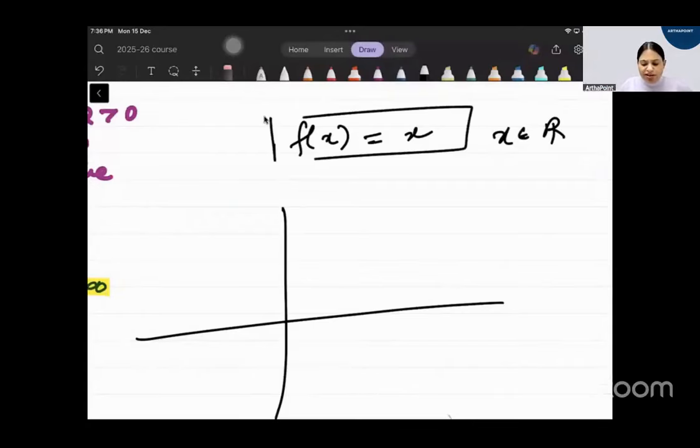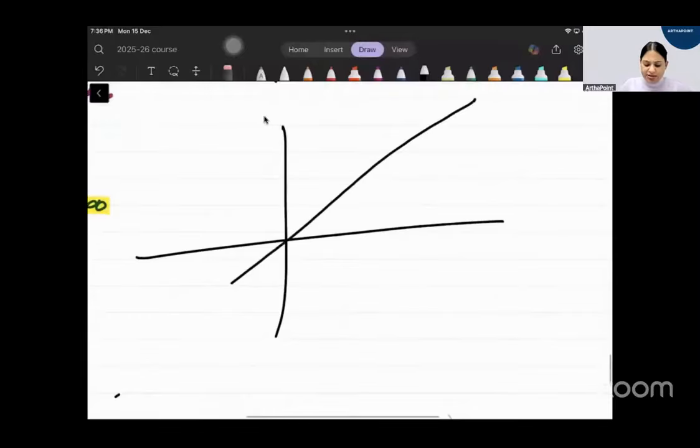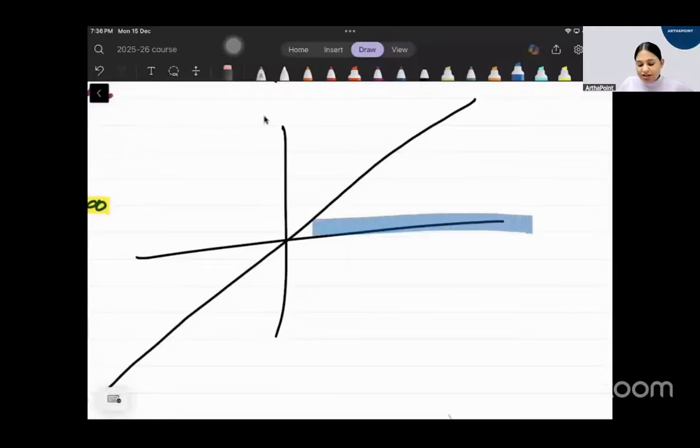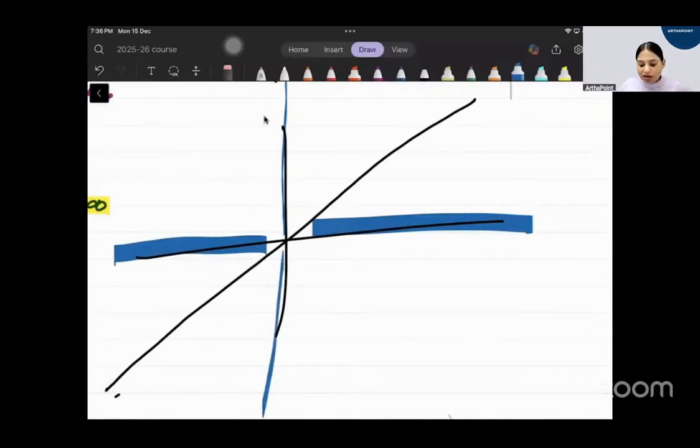So f(x) equal to x is just a 45-degree line like this. Now for this there is no maximum value, no minimum value. Neither exists. As x increases the value increases, and as x decreases the value decreases. But I cannot tell you the highest value or the lowest value. If minima does not exist, it does not exist. Maxima does not exist, it does not exist. Is it clear?